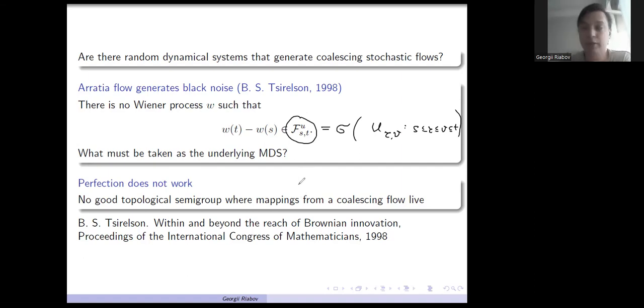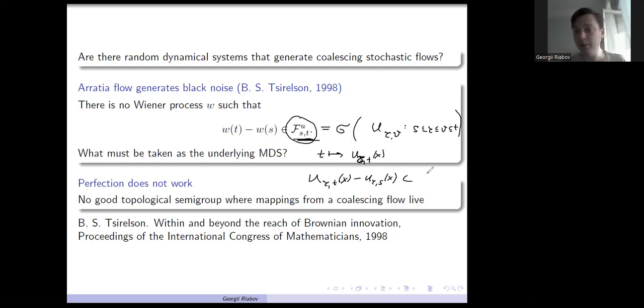Recall that the Arratia flow actually consists of Brownian motions. So if we take the mapping, let's say U_RT of X, then this is a Brownian motion. But if we take increments of this Brownian motion, they are not adapted to the filtration that acts between times S and T. So in some sense, we cannot cancel R here.